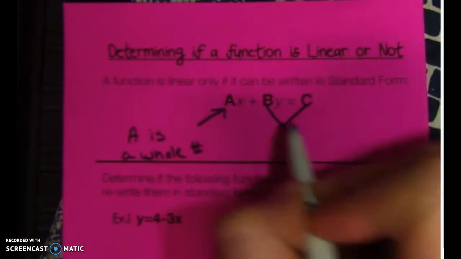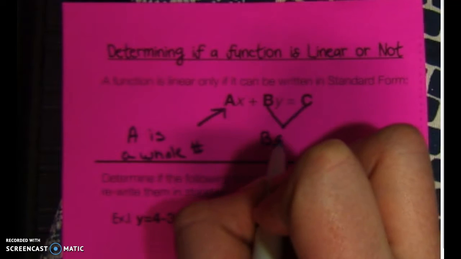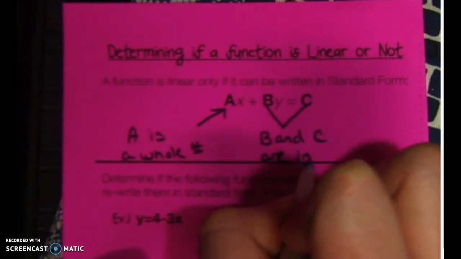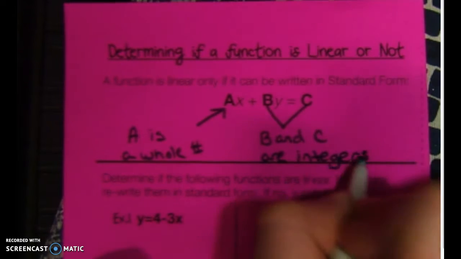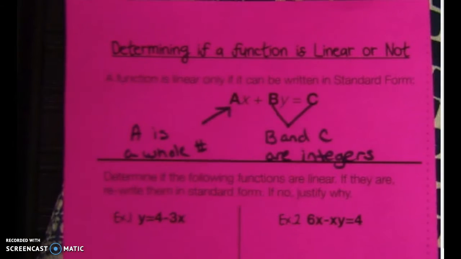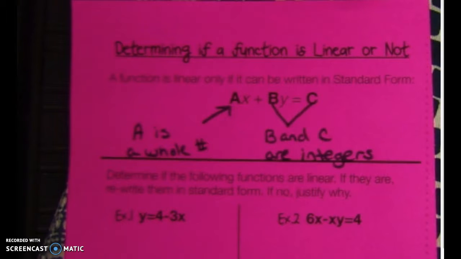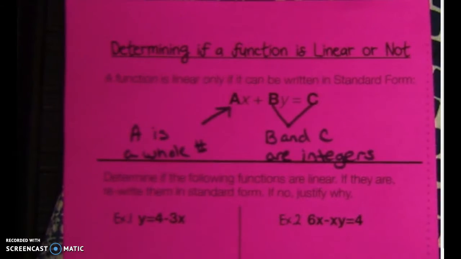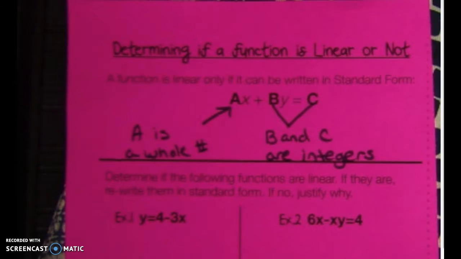B and C are integers. What's the difference between a whole number and an integer? Zach? Integers are whole numbers and their opposites. Very good. Okay. So we could be 4 and negative 4. 0 is an integer. It doesn't have an opposite, but it's a whole number or its opposite.